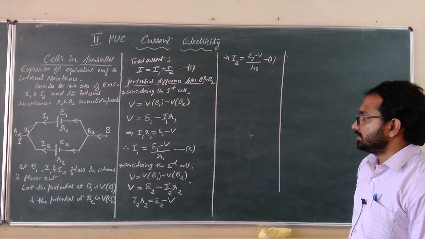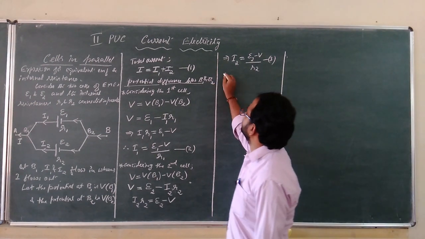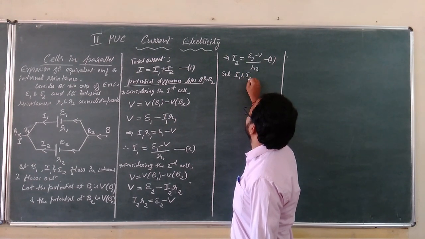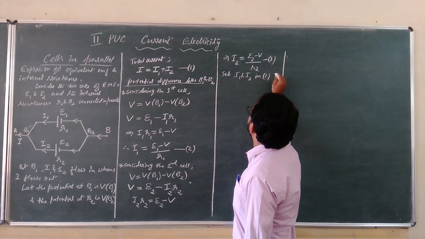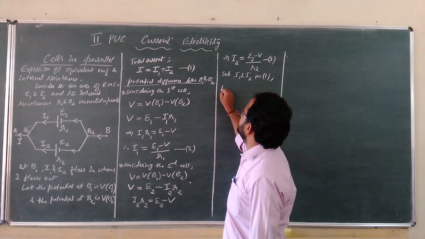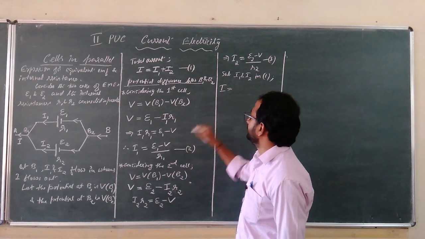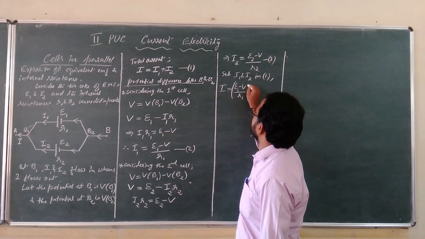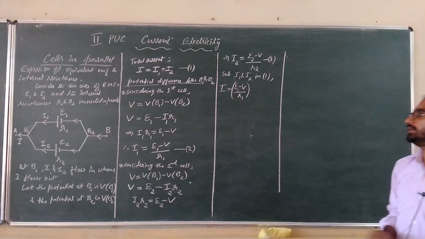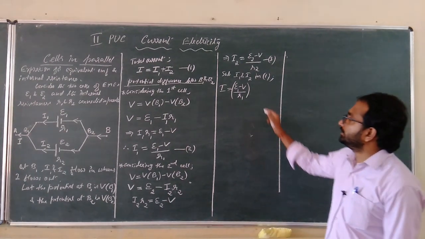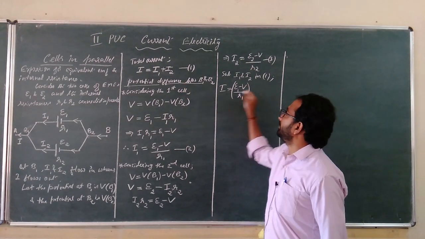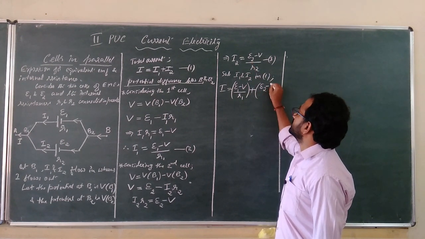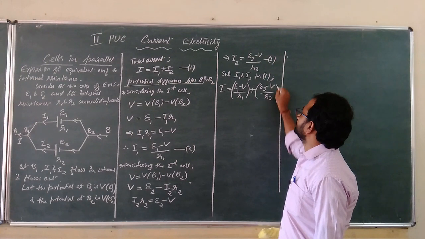Now substitute in equation 1, substituting the values of I1 and I2 in 1. I is equal to, what is I1? I1 is here, E1 minus V by R1. What is I2? Plus I2 is here, E2 minus V by R2.